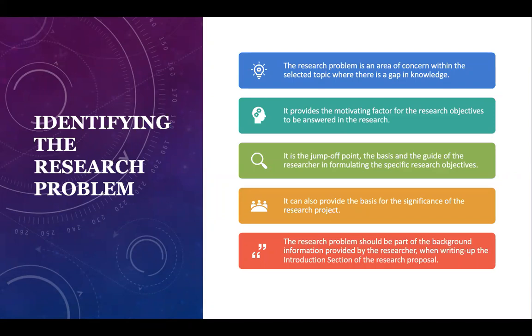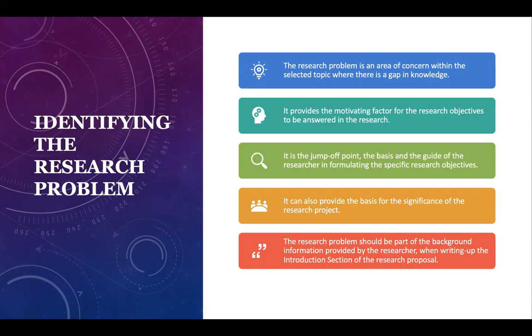It is the jump-off point, the basis, and the guide of the researcher in formulating the specific research objectives. It can also provide the basis for the significance of the research project or the study.